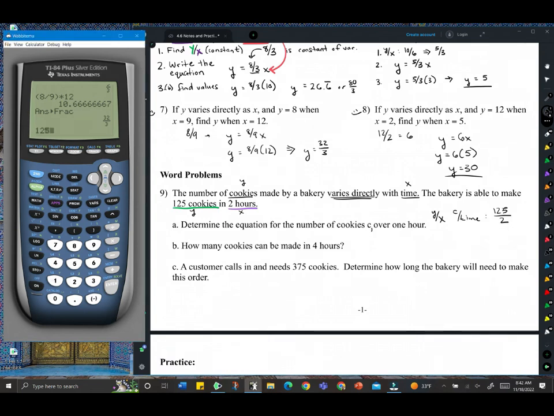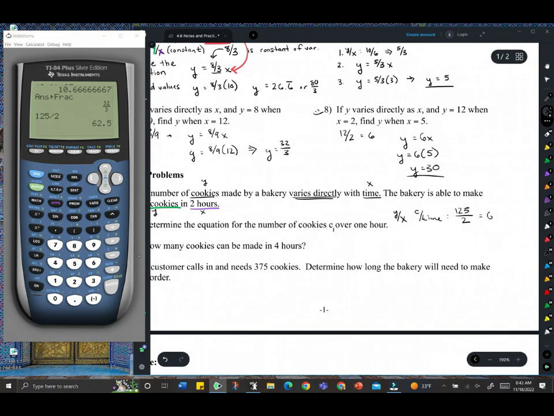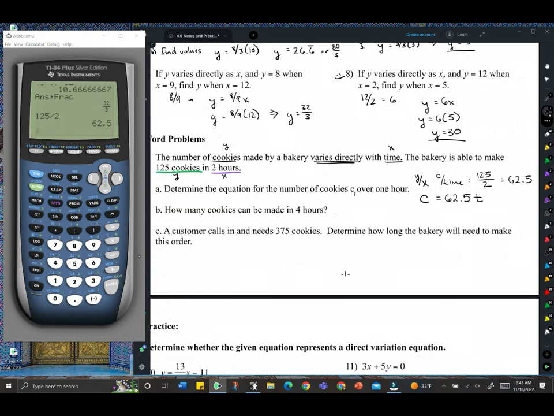What that means is you can generally make 62.5 cookies in 1 hour. It's quite the bakery. So that is the constant of variation, not the equation. We can write out c, or cookies, is equal to 62.5 t for time. I'm using x and y, c and t interchangeably. I hope that's not too confusing.